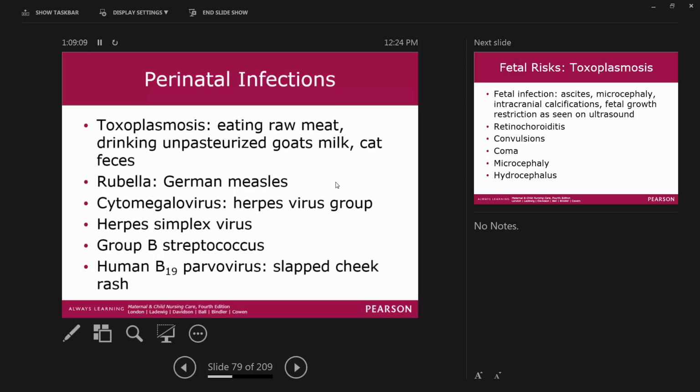But we do the group B strep test, but that's not until 36 weeks. And I'm actually not really sure if they do human B19 parvovirus on a routine basis. But those are some of your big things that might affect baby.